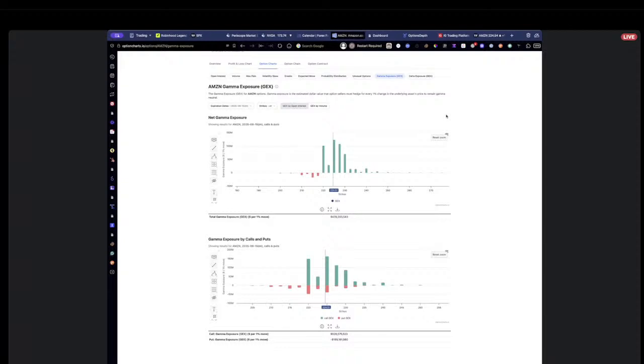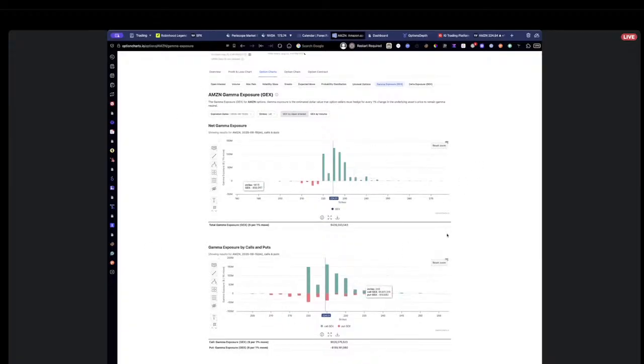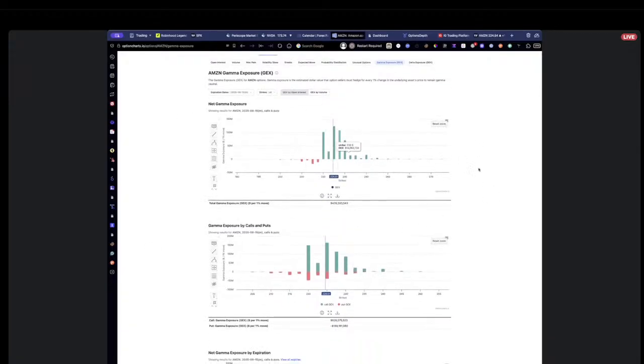The disadvantage of using this for individual tickers is obviously you don't get daily expiries. You only get weekly expiries, I believe. It's not something I tend to trade, to be honest. So it's harder to use this for intraday, but it's still going to show you where your main levels are.